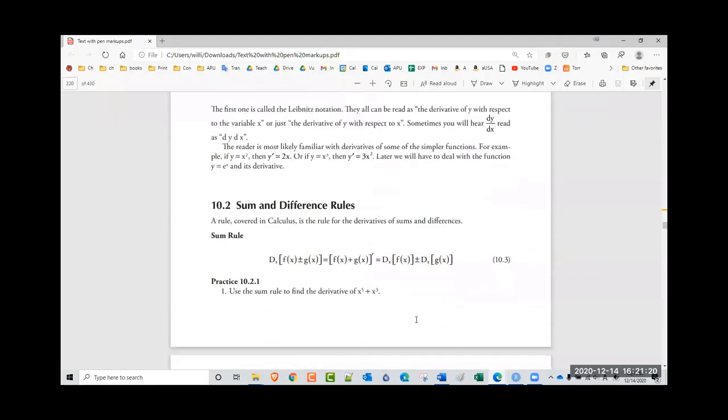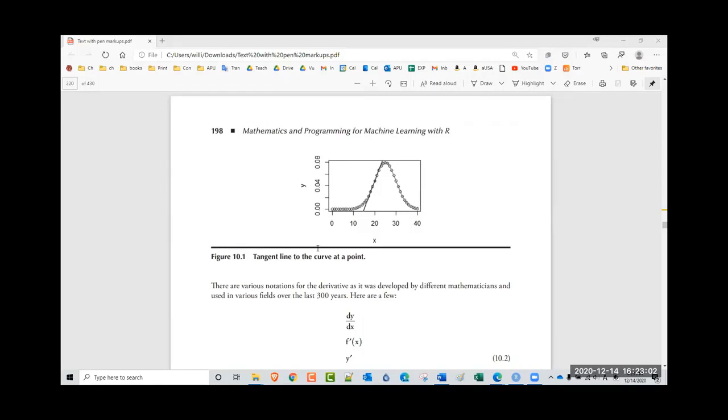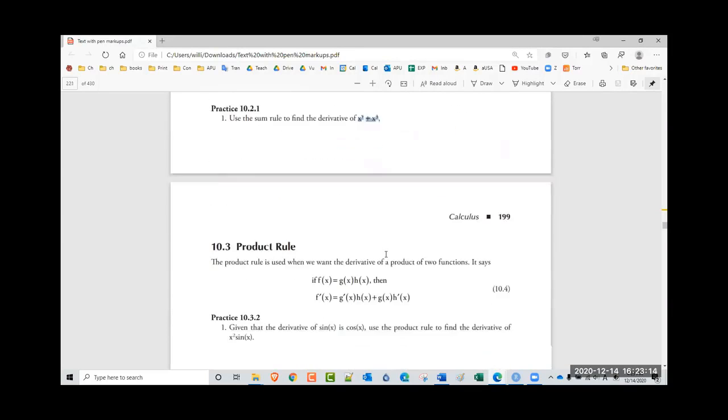Now, here's a rule from calculus that says the derivative of f plus g is the sum of the derivatives. Oops, there's a mistake here. It should be plus minus here. And we can use it, for example, to find the derivative of this. I'm sure you know how to do that.